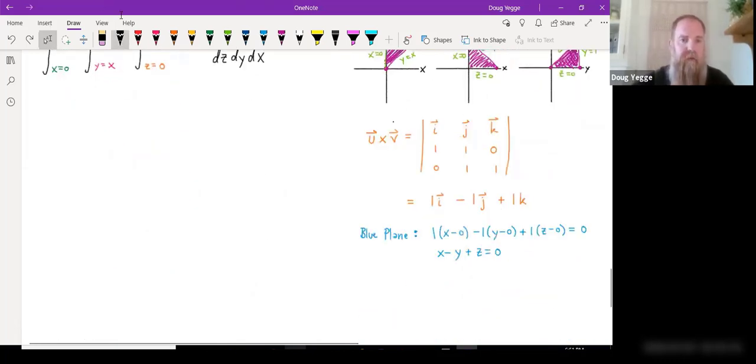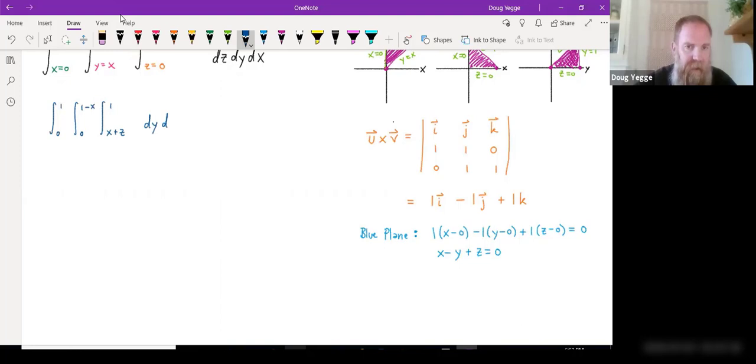So we'd like to find the integral from 0 to 1 of the integral from 0 to 1 minus x of the integral from x plus z to 1 of dy, dz, dx.